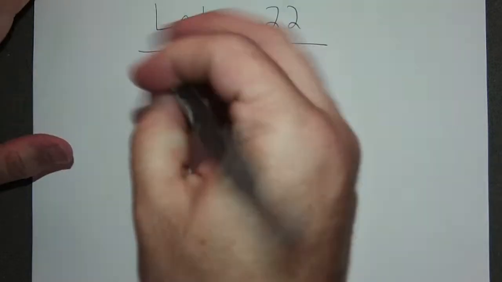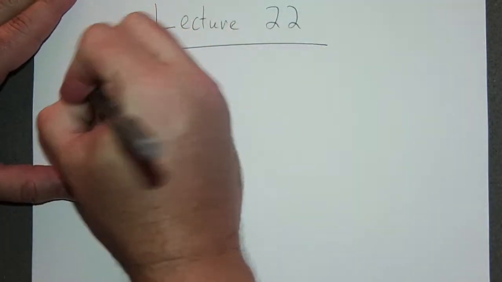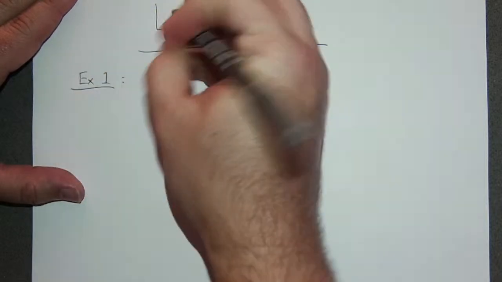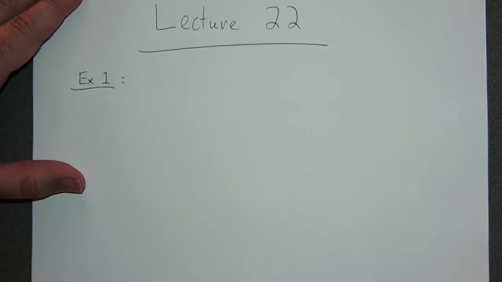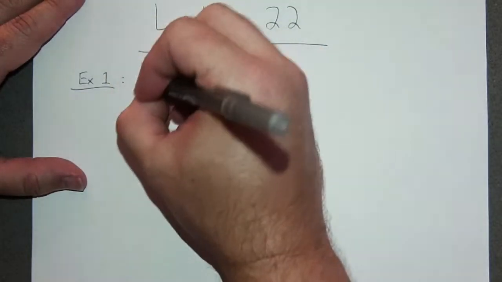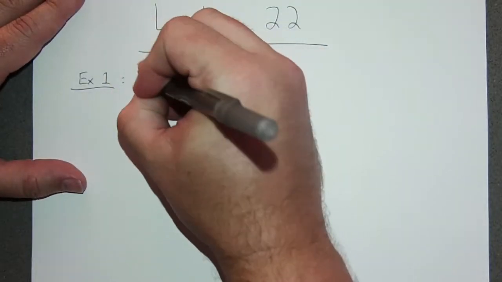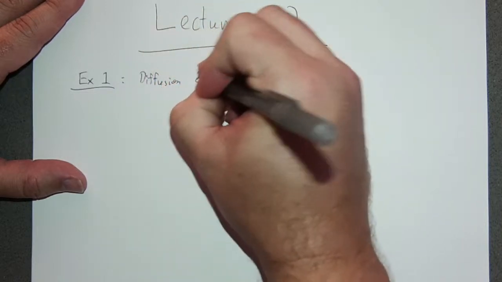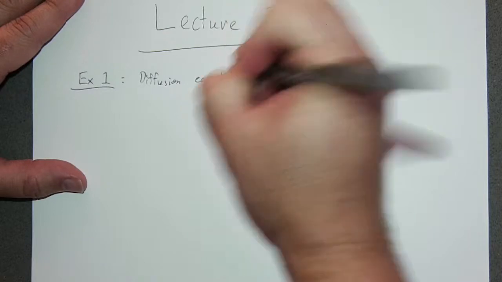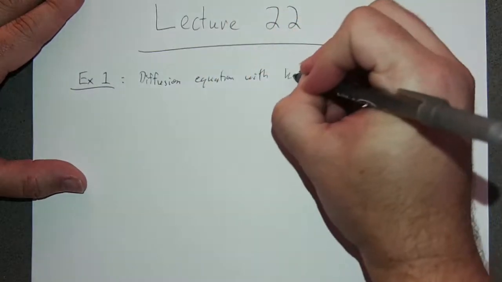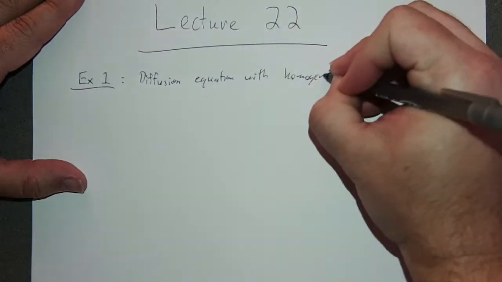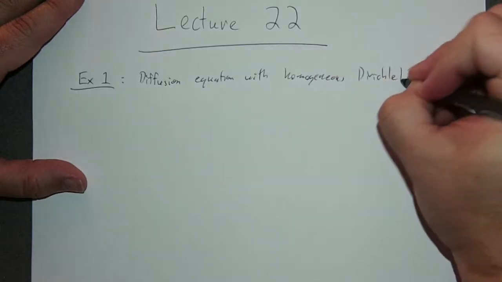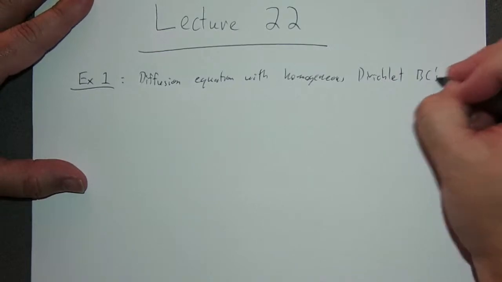Okay, so let's start with our first example. Example 1 is the diffusion equation with homogeneous Dirichlet boundary conditions.